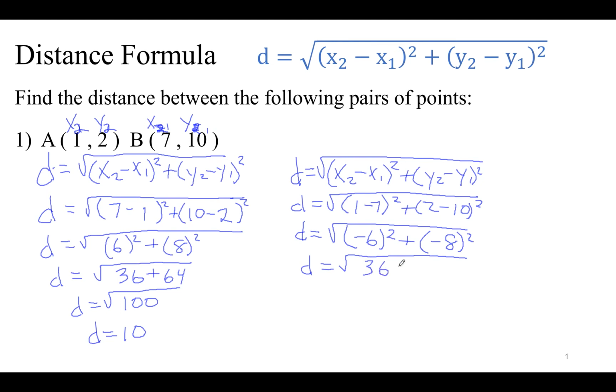So right here, we're going to end up at the same spot we did on the previous problem. 36 plus 64. Again, square root of 100, same answer. Distance is going to be 10. So it doesn't matter which ones you make the x1s and y1s. You just got to keep the x's together, keep the y's together, and it should all work out.